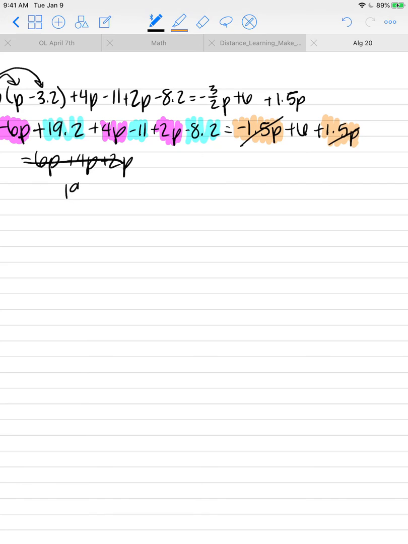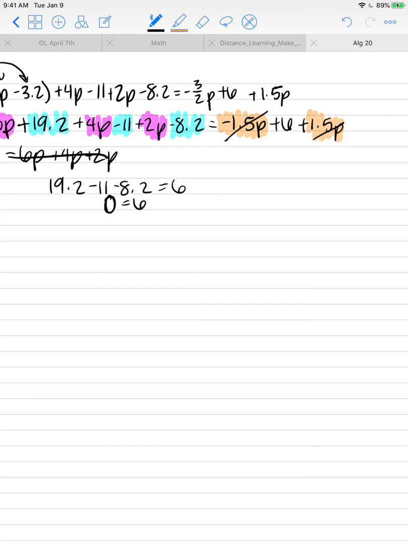So I'm looking at 19.2 minus 11 minus 8.2 equals 6. Combining those like terms, 19.2 minus 11 would be 8.2, minus 8.2 would be 0. Those all cancel each other out, equals 6. Now, this is a false statement.